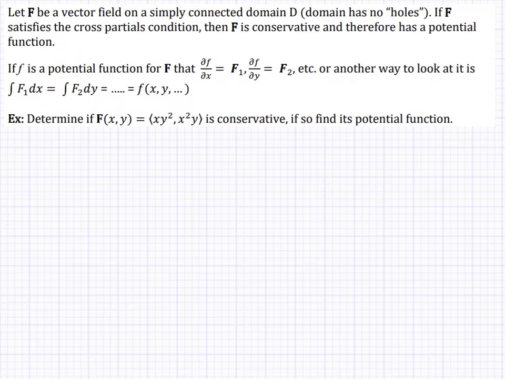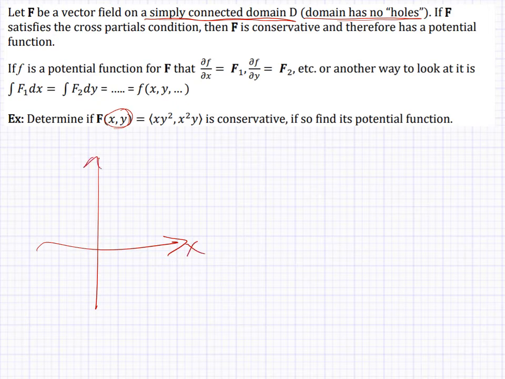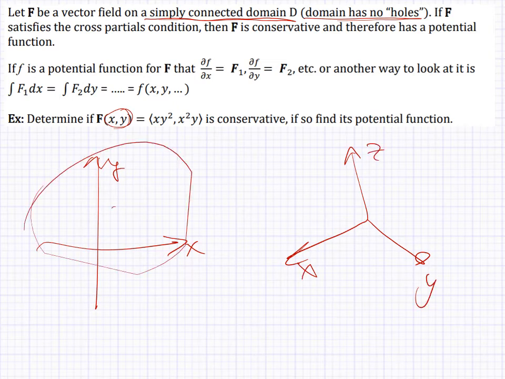Okay, so to find this potential function, we first have to know that it exists. So we want to know if we have a conservative vector field to start with. All right, so what we're going to do is look at a vector field on what we call a simply connected domain. Basically, it's a domain that has no holes. Remember, the domain for these vector fields are either a set of 2D points in the xy plane or a set of 3D points in the xyz space, right? And so the idea is, let's just say it's 2D.